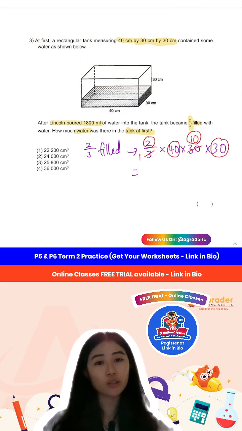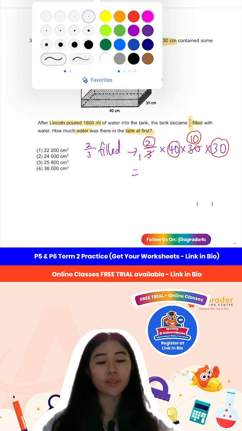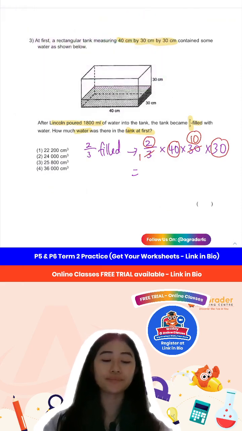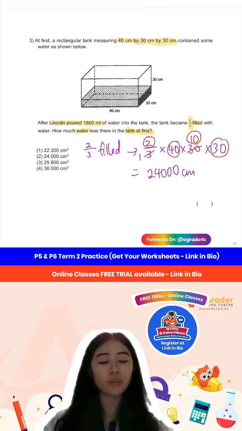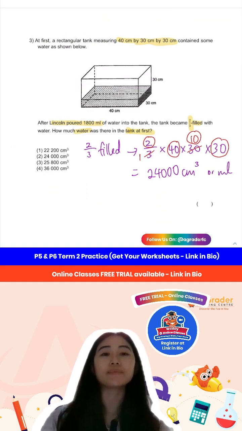Just slowly multiply these numbers, but I think it's not too difficult. And then you should get 24,000. So 24,000 is in terms of cm cube or milliliters.